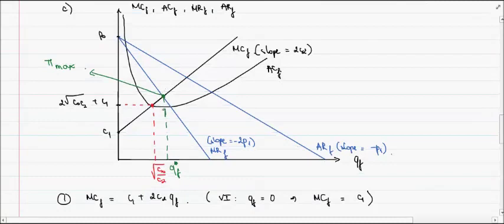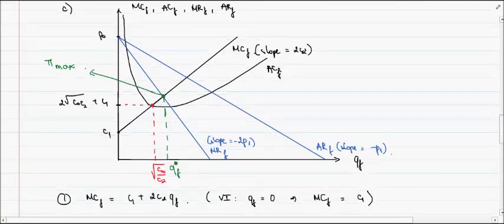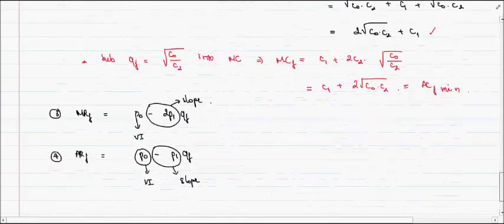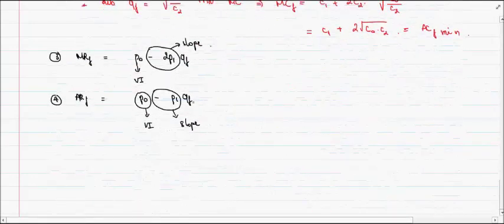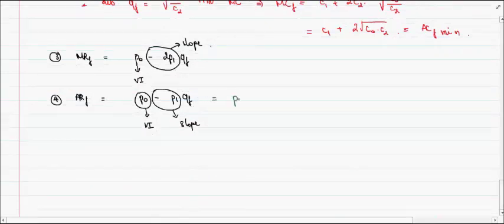If we are going to find the price, then we know that the price is going to be equal to P0 minus P1 times QF. As you can see, it is exactly the average revenue, which is here. This is equal to the price function, P0 minus P1 times QF.